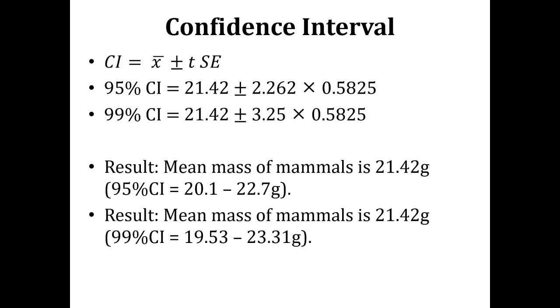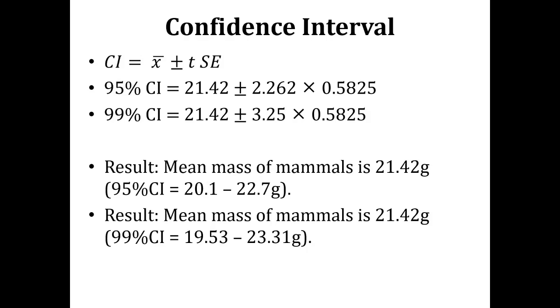The minimum acceptable level is 95%, which is generally used all over the world in different research fields. So the 95% confidence interval is calculated from the mean value and the standard error, and the 99% confidence interval is calculated from the mean value and the standard error.